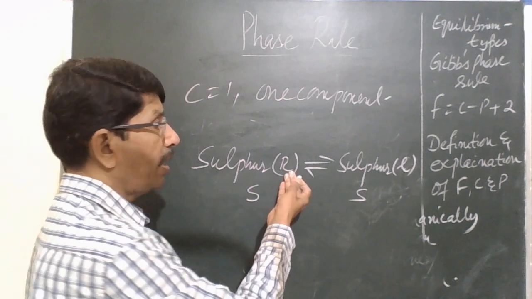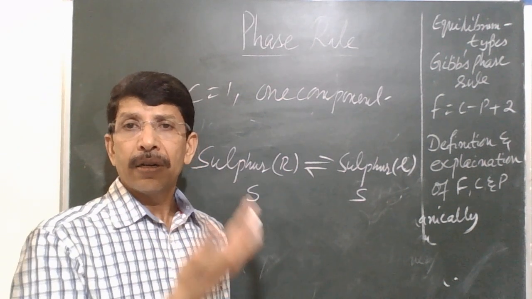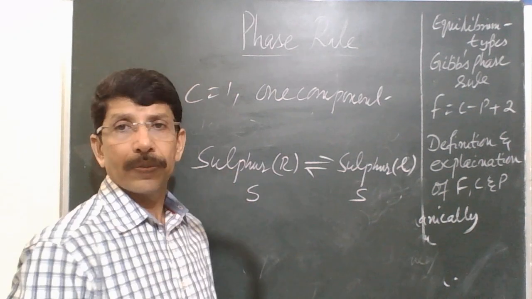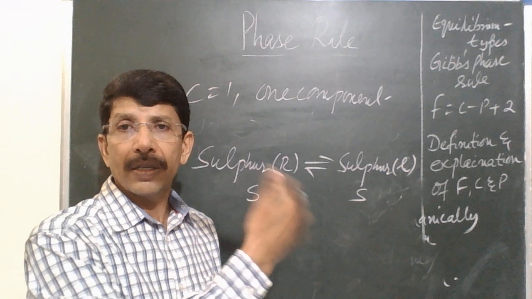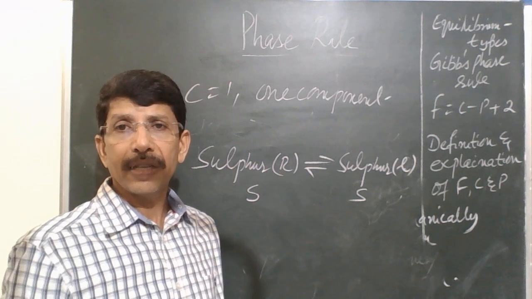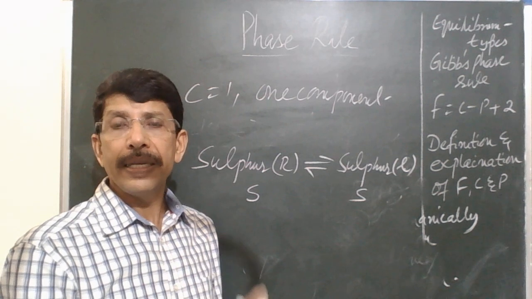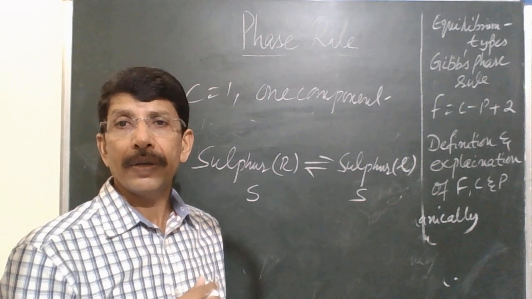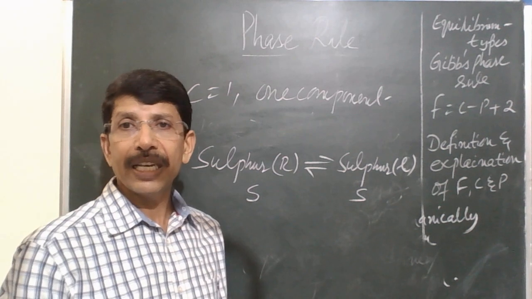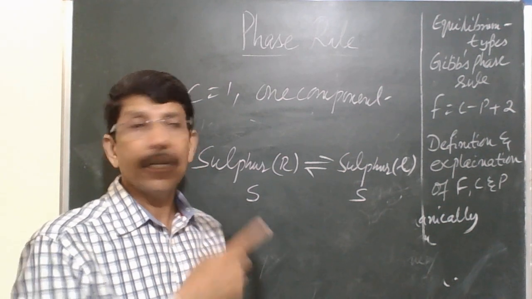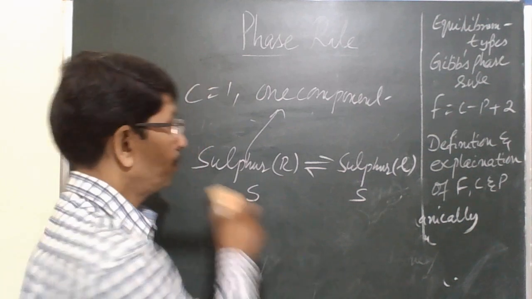Whether it's in solid state, liquid state or gaseous state, the sulfur composition is denoted by S. So all the phases of sulfur, whether rhombic sulfur or monoclinic sulfur, liquid phase of sulfur, vapor phase of sulfur, all these different phases and their composition can be expressed in terms of only S. So it is again an example of a one component system.